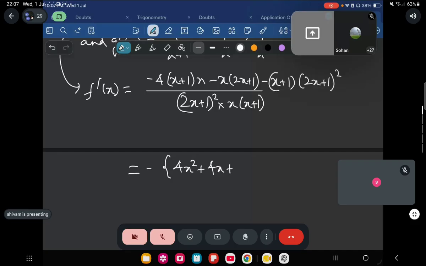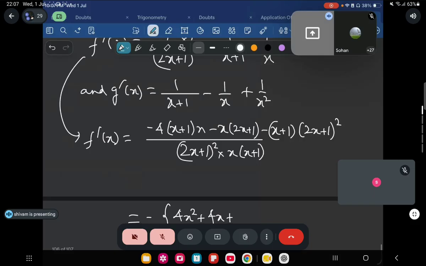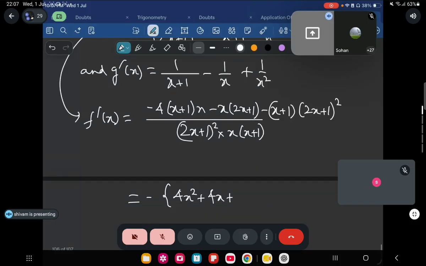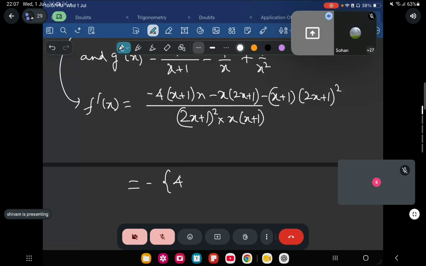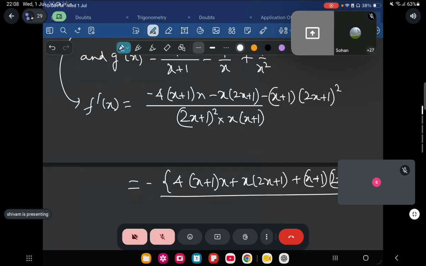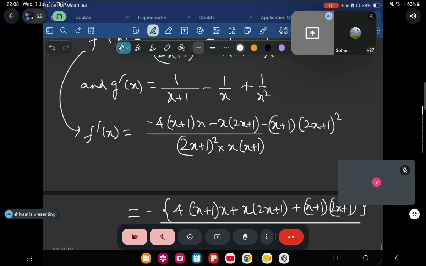So if you take minus common, we are getting 4 into x plus 1 into x, plus x into 2x plus 1, plus x plus 1 into 2x plus 1 whole square. And in the denominator, we'll get 2x plus 1 whole square into x plus 1. Are you getting?